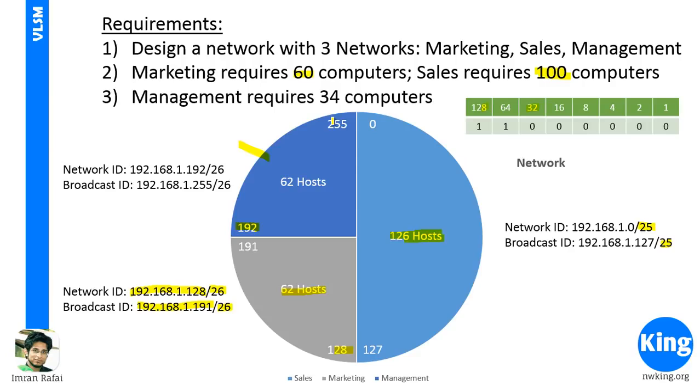So 192 and the broadcast ID is 255. The network ID is 192.168.1.192/26, and the broadcast ID is 192.168.1.255/26. It's very easy, isn't it?